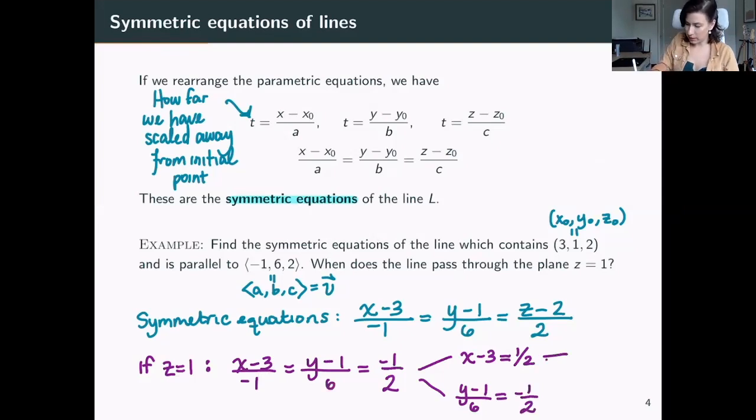Solving both of these equations, we will end up getting that x is equal to 3.5. And similarly, we can solve for y and say that y is equal to negative 2. So the line will pass through the point (3.5, -2, 1) on the plane z equal to 1.